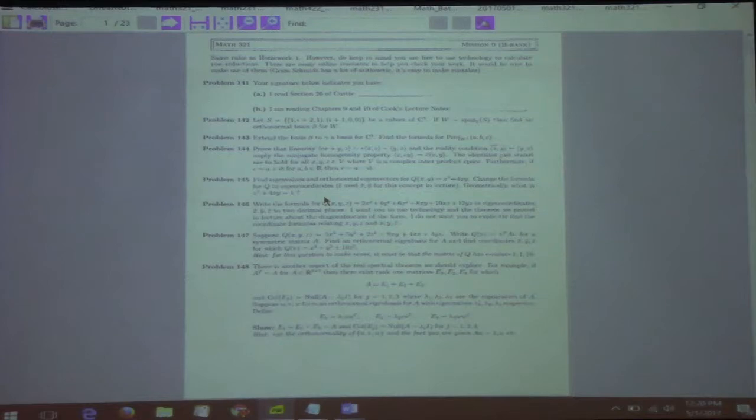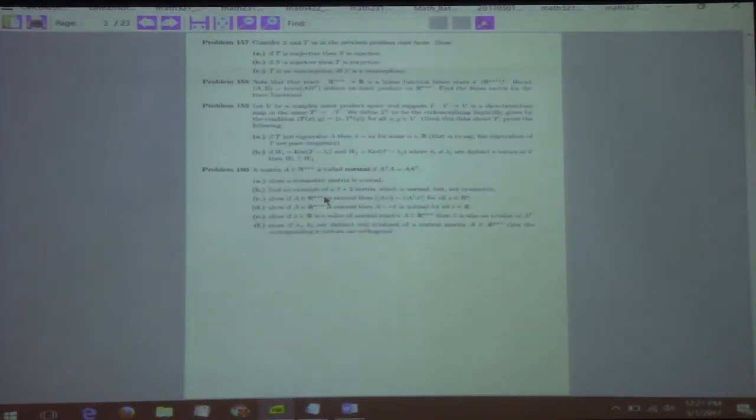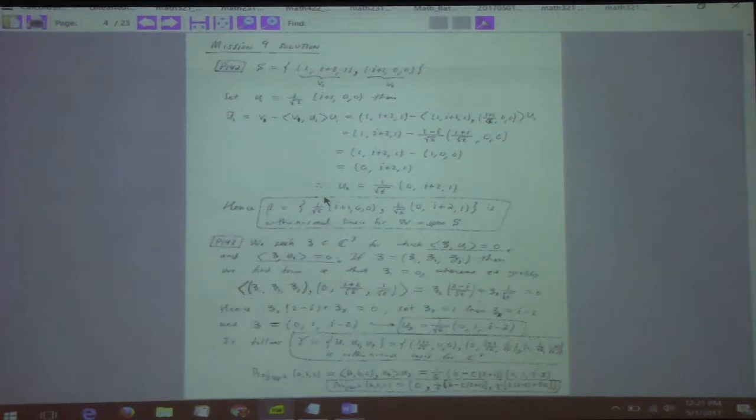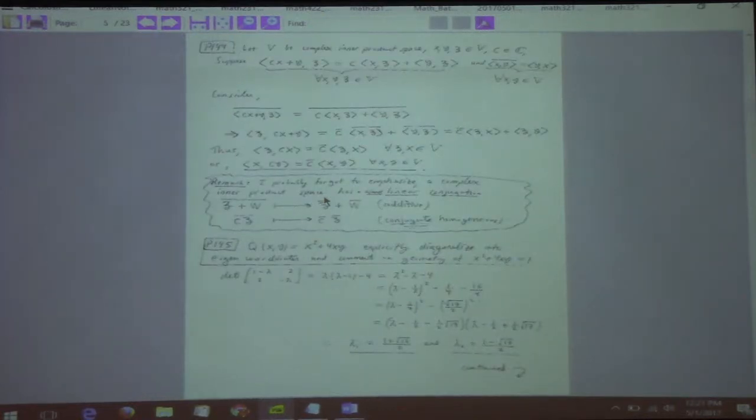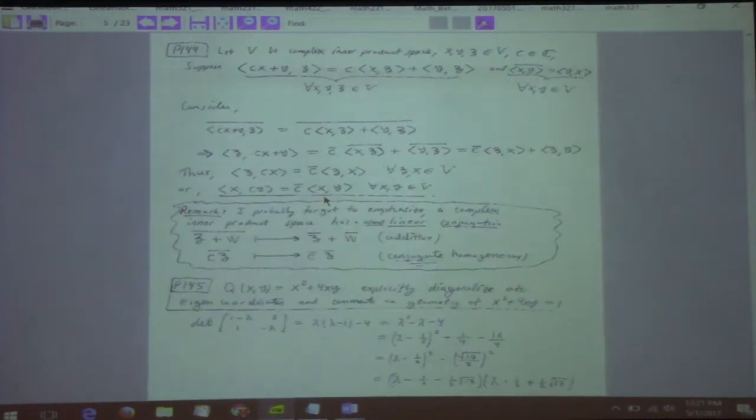Yeah. That was the one with the And 150 was homework. 152 was homework. 153 was homework. So it's not all of these you've been assigned, but a lot of them. Let's see here. The one I wanted to look at was 145. So this was what I was talking about.